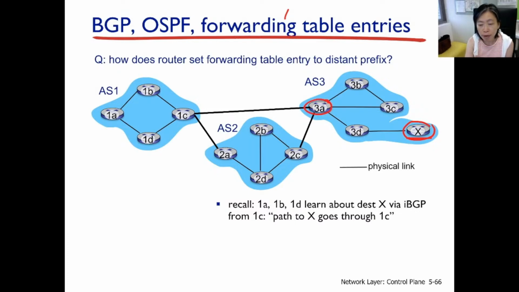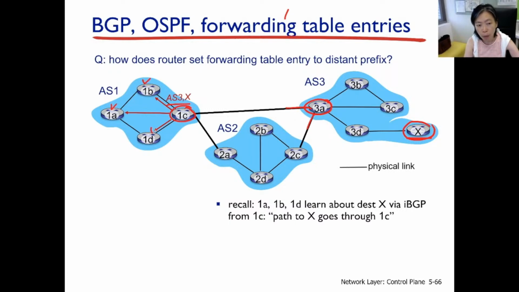3A, the gateway router of AS3, has 2 eBGP connections, therefore 1C here potentially can receive 2 AS paths. And 1C, according to example 2, chooses the shorter AS path. So let me run the animation. So 1C discovers 2 paths and picks the shorter path. And this shorter path is further propagated internally to all routers.